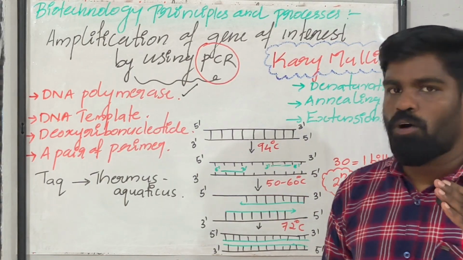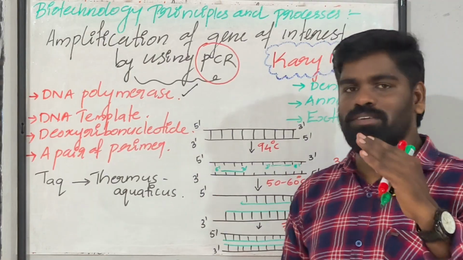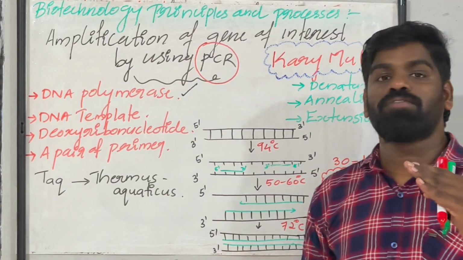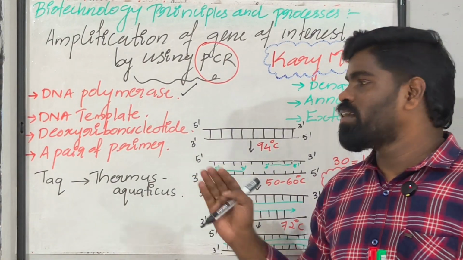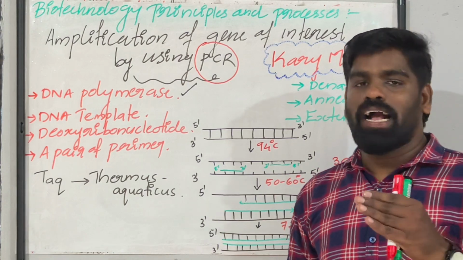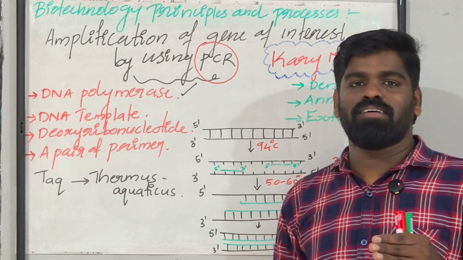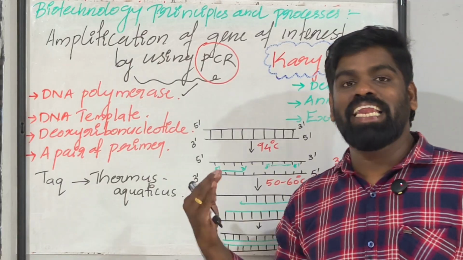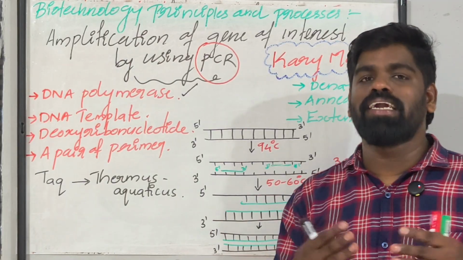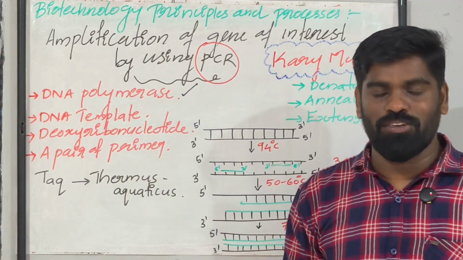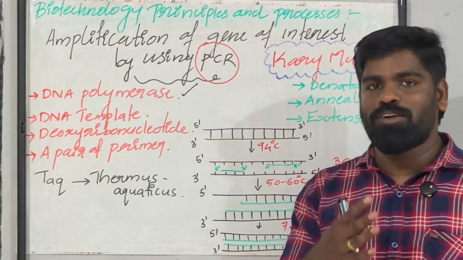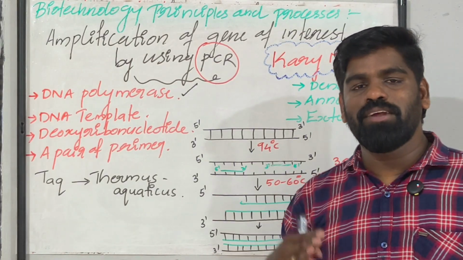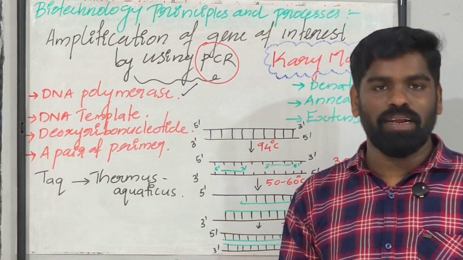One of the problems that Kary Mullis and his colleagues faced was that the PCR process takes place at high temperature. If we use an enzyme, it gets denatured at high temperature, so they needed to continuously add DNA polymerase.